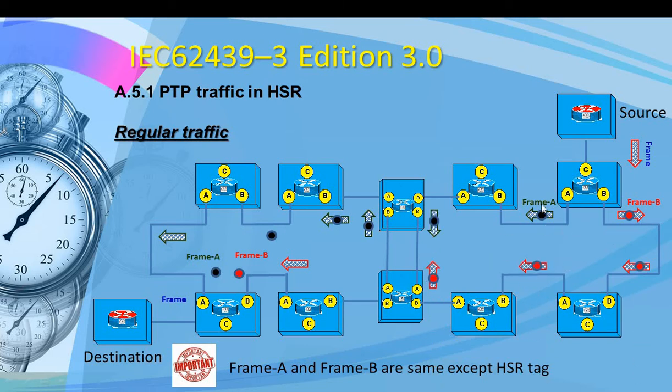The frame is forwarded in direction A and direction B, going through the QuadBox to the second ring, and the RedBox connected to the destination host will forward the first frame and discard the second frame.